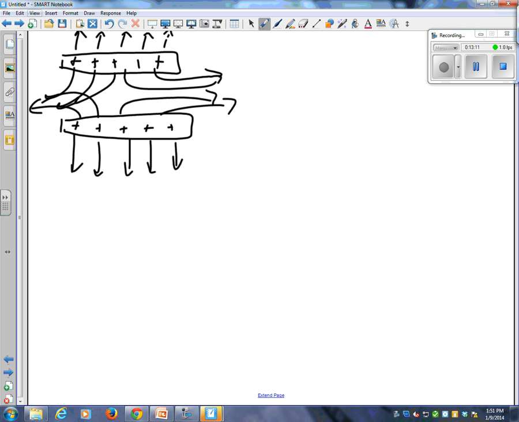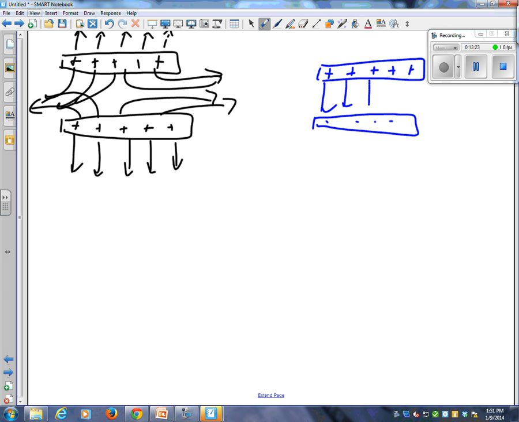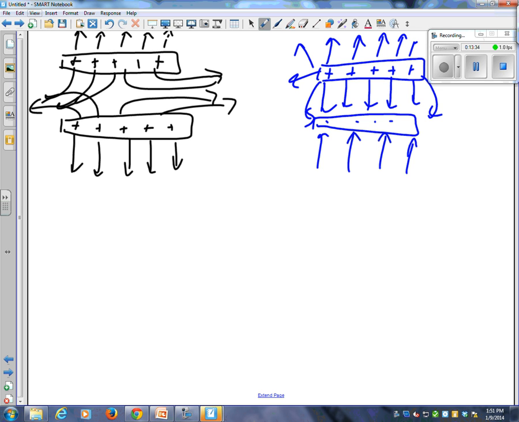Positive, negative. Towards. Away, away, away, away. A little bit of curve there. Something like that.